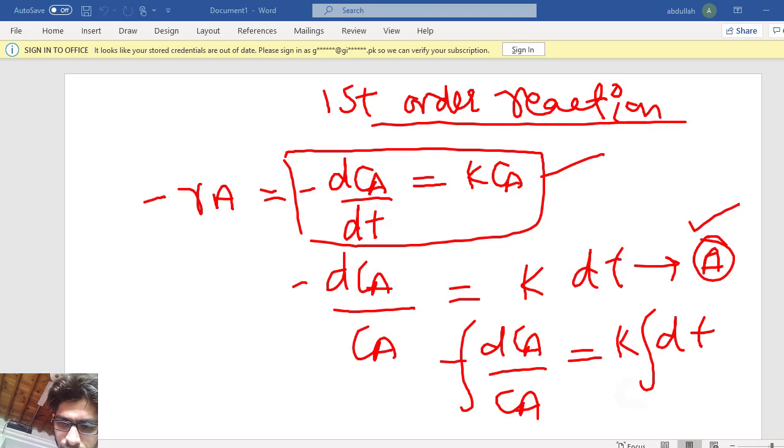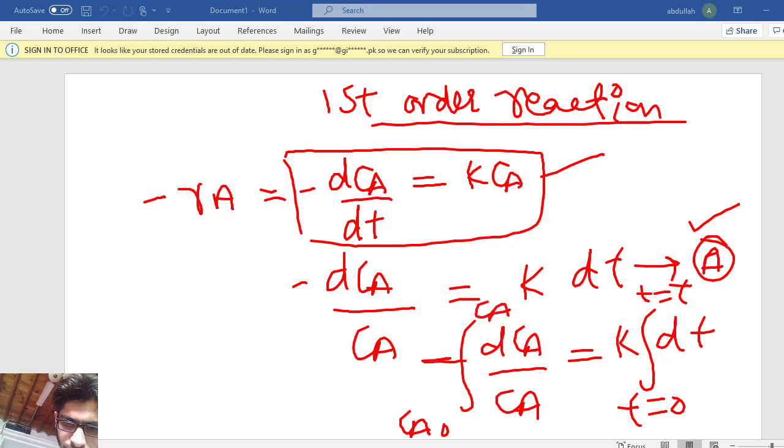At time t equal to 0, the concentration of A is CA naught. At time t equal to some time t, the concentration will be CA.